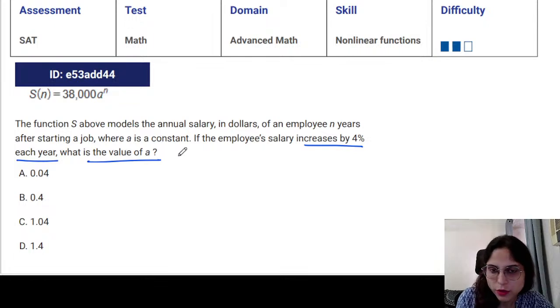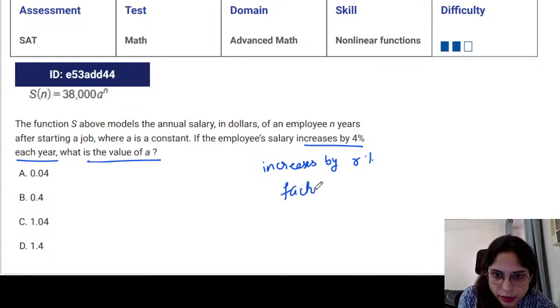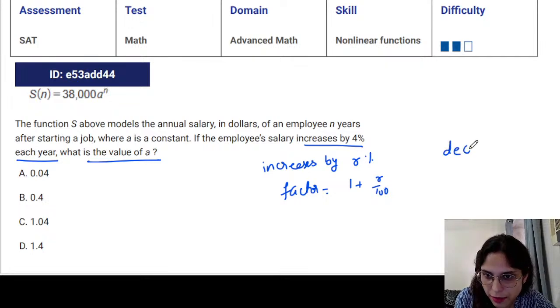So whenever, there are two things. When you are increasing the percentage by r%, your factor, or the value of b, is going to be 1 plus r over 100. If it decreases by r%, the factor is going to be 1 minus r over 100.